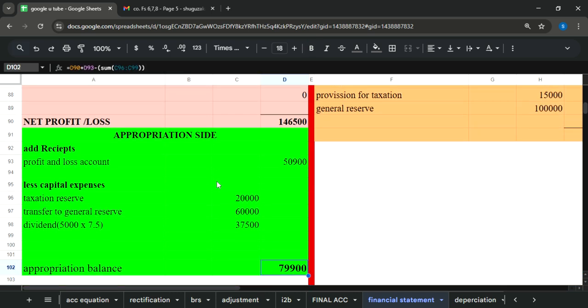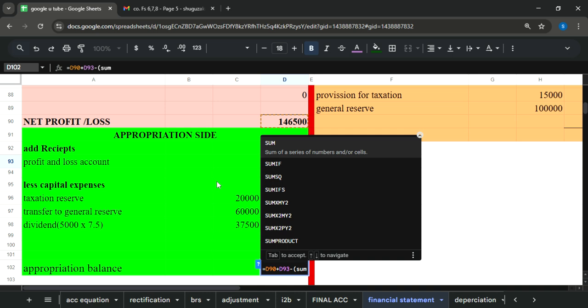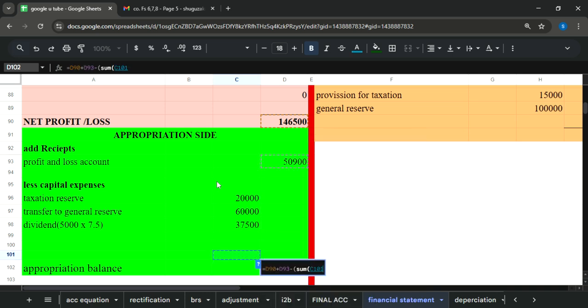And as you know, to calculate the appropriation balance, first you will take net profit, then you will add profit and loss account of the previous year, and then you will subtract all the expenses, all the appropriation part of expenses.